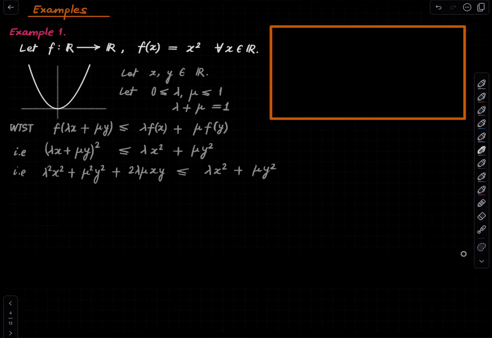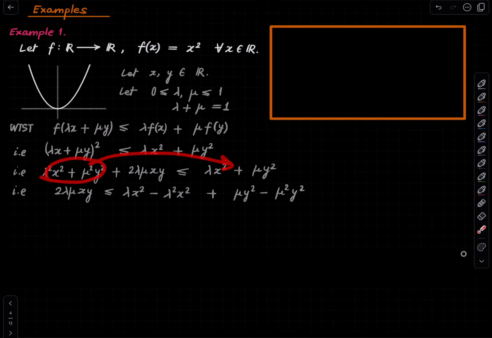And now what do we do? Yeah, so that is equivalent to showing 2 lambda mu xy is less than or equal to lambda x square minus lambda square x square plus mu y square minus mu square y square. All I did was take this stuff to the other side.